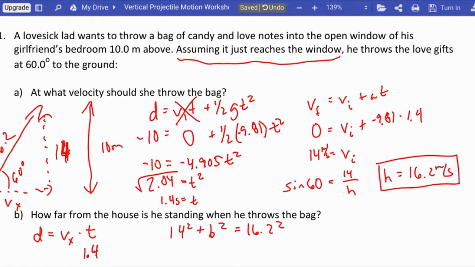Okay, you get a velocity in the x direction of 8. So if our velocity in the x direction is 8, then 8 times 1.4 seconds is 11.3 meters from the side of the house.